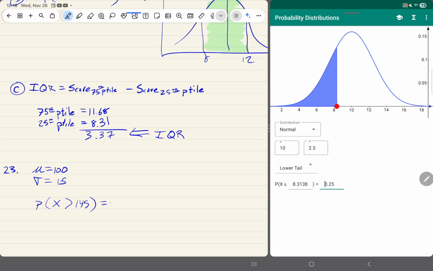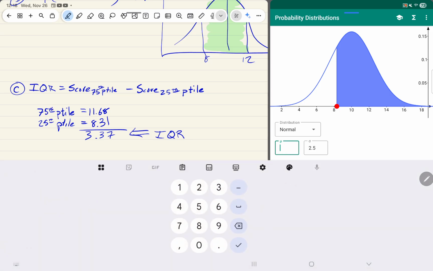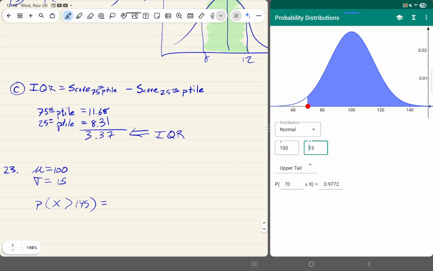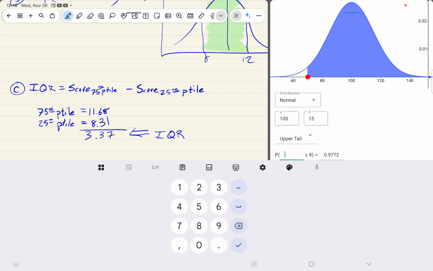That's real simple to do. We're looking at the upper tail because greater than, and we'll have to make sure we enter the correct mean of 100 and the correct standard deviation for the IQ test of 15. And we want the probability of a score greater than 145.